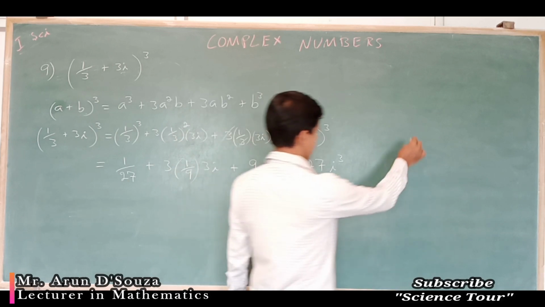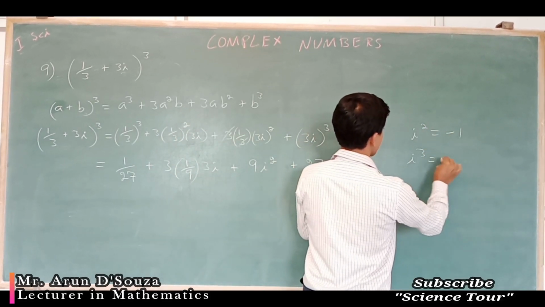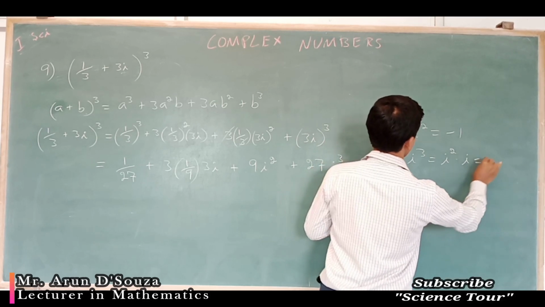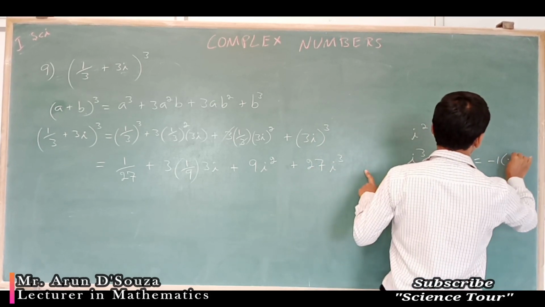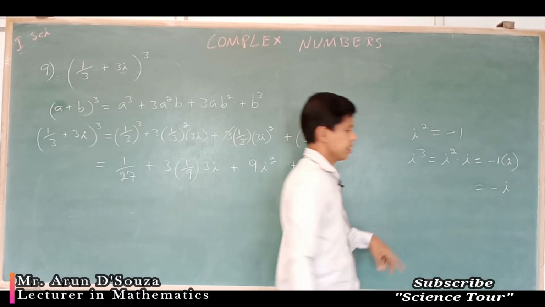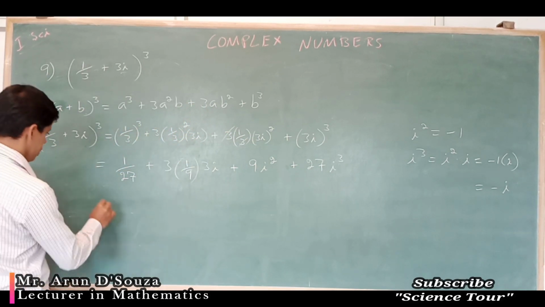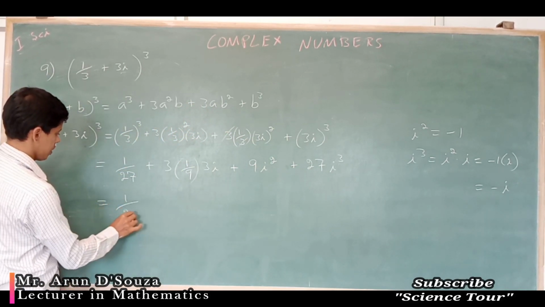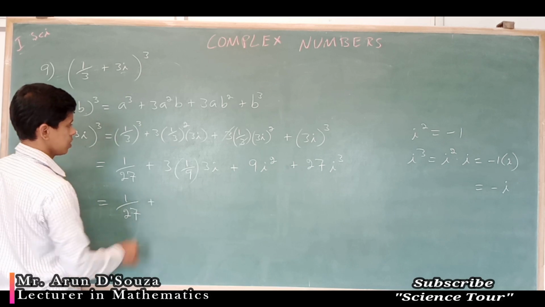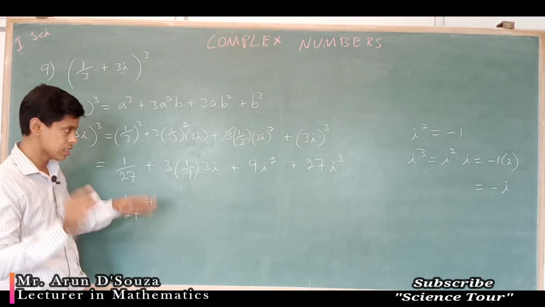So what is i square? i square is nothing but minus 1. i cube you can write as i square into i. So minus 1 into i, and that is minus i. Right? So those are the two things you have to replace here. So this is 1 by 27 plus 3 into 1 by 3 into 3, 9, and 9 cancel.